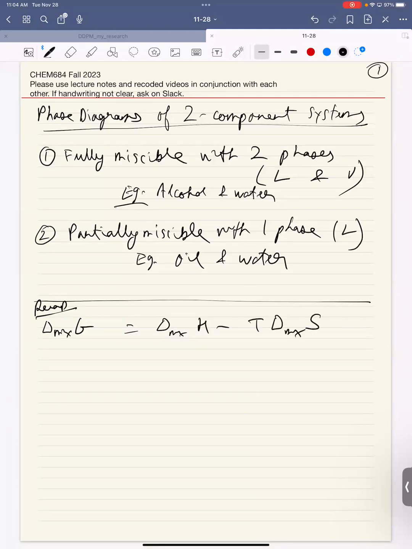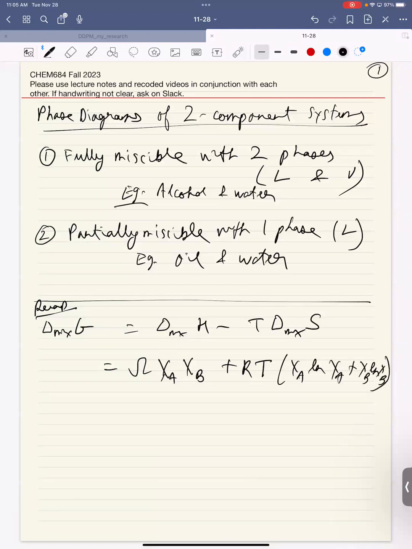And we said that for ideal mixing, delta mixing H is 0, right? And we calculated delta mixing S using a pair model, right? And delta mixing H for the regular solution model was omega XA XB. And delta mixing S was always this particular term, XA ln XA plus XB ln XB.